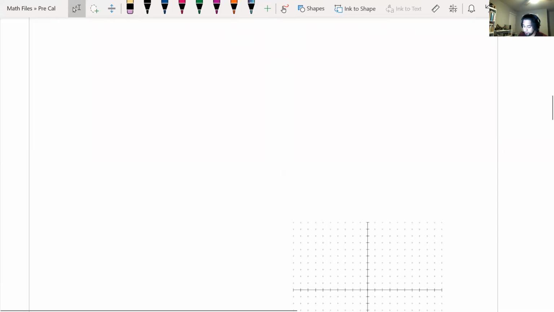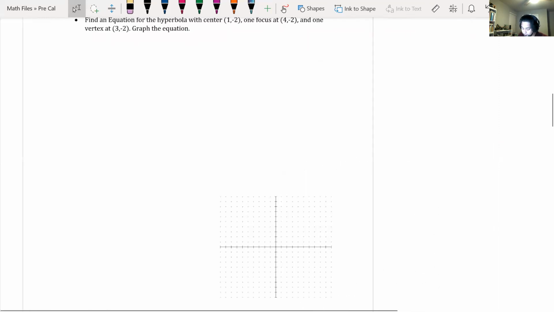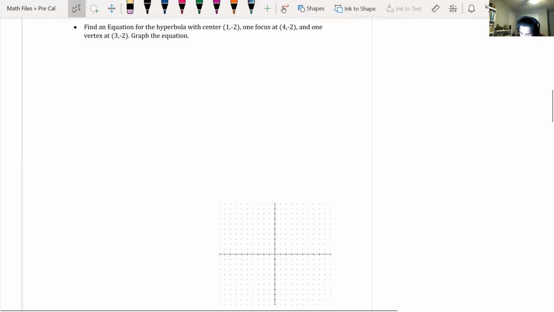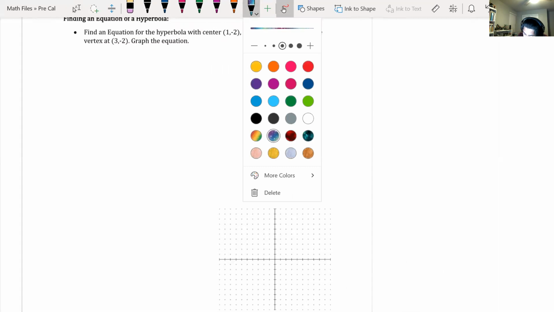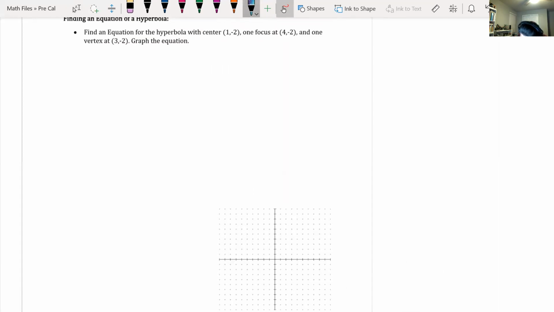Plot all the clues. So, oh, I shouldn't have put that graph so low. Oh well, that's where it ends. Okay, so with that being said, that's good. I'm going to plot the center at (1, -2). So (1, -2). There's my center. Let me make that a little bigger. (1, -2), which is down there.